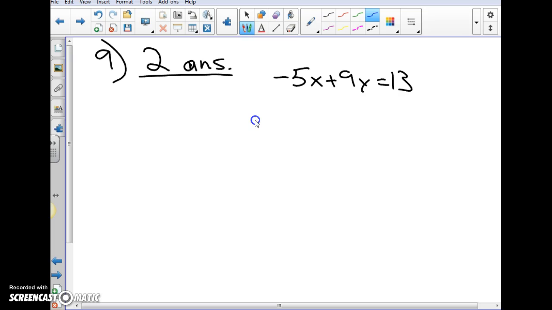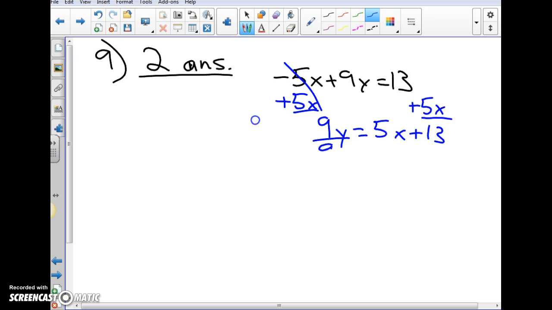Probably helpful to change this one over, so I'm going to add 5x to both sides. Doing that, I've got 9y equal 5x plus 13. Divide everything by 9. I've got y equal 5/9 x plus 13 over 9. And again, this one is the one that I really care about.